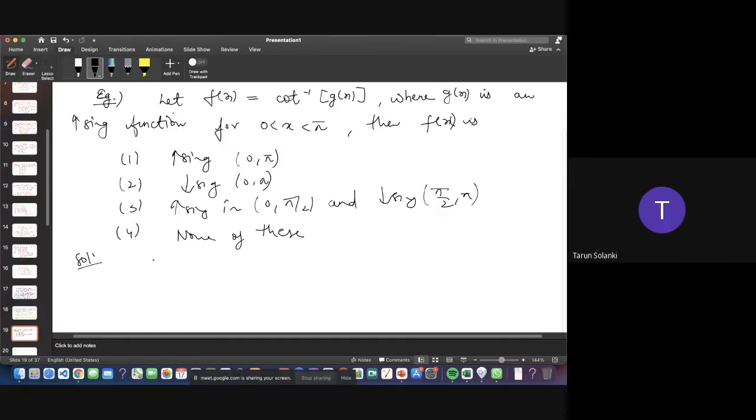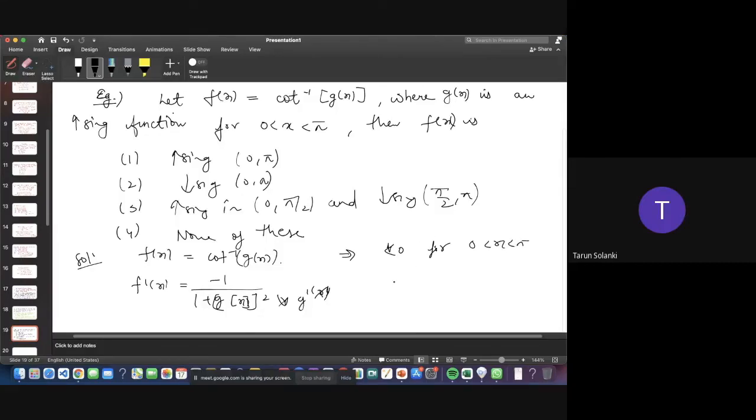So let's solve. We have f(x) = cot inverse g(x), right? So f'(x) will be minus 1 by 1 plus g(x) whole square, into g'(x). So this is less than 0 for 0 < x < pi, since g(x) is increasing so g'(x) is greater than 0.